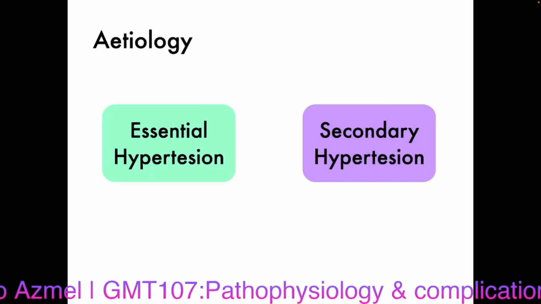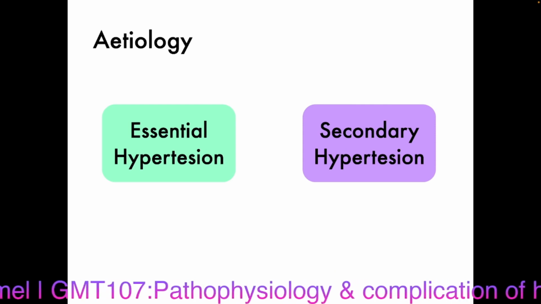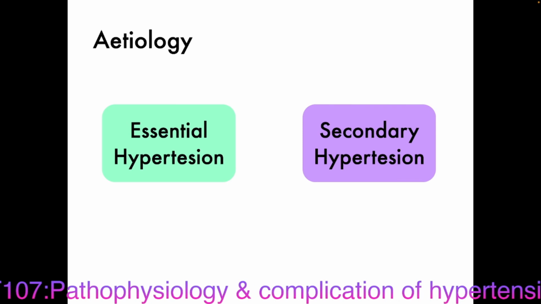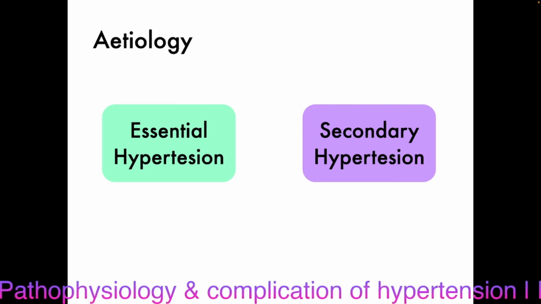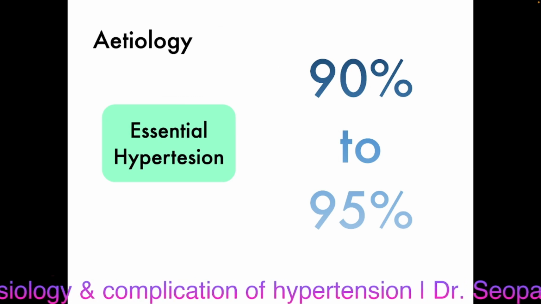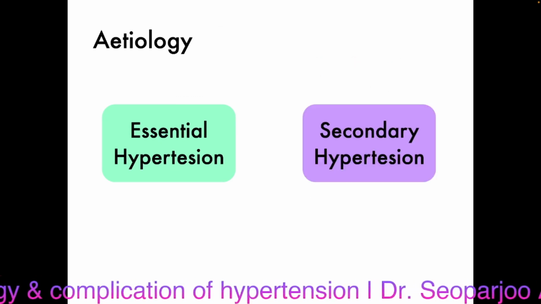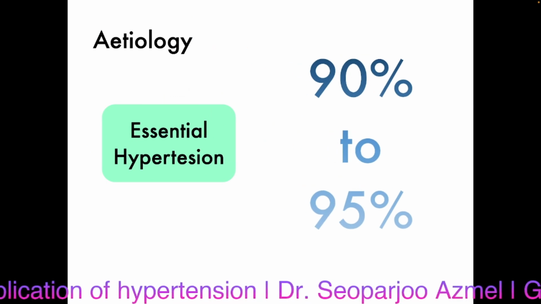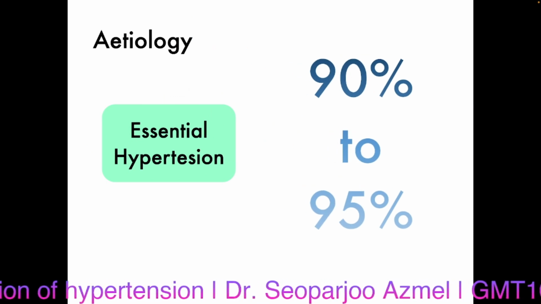First, before we go into detail, we need to take a look at the etiology of hypertension. We can divide the etiology of hypertension into two categories. Number one is essential hypertension, which makes up 90 to 95% of hypertensive cases.